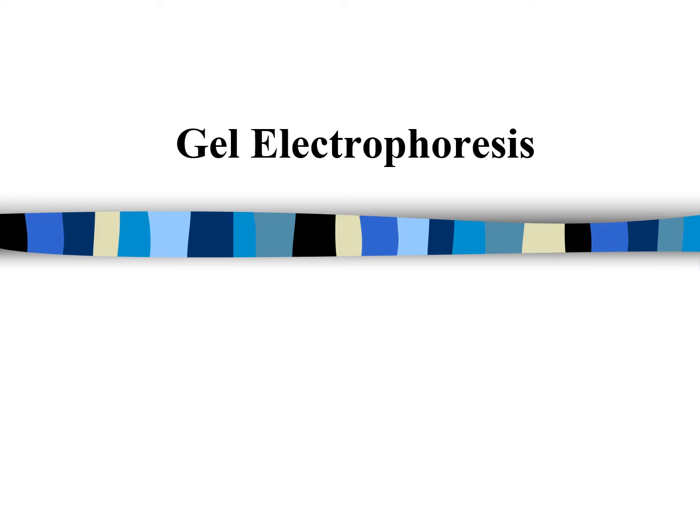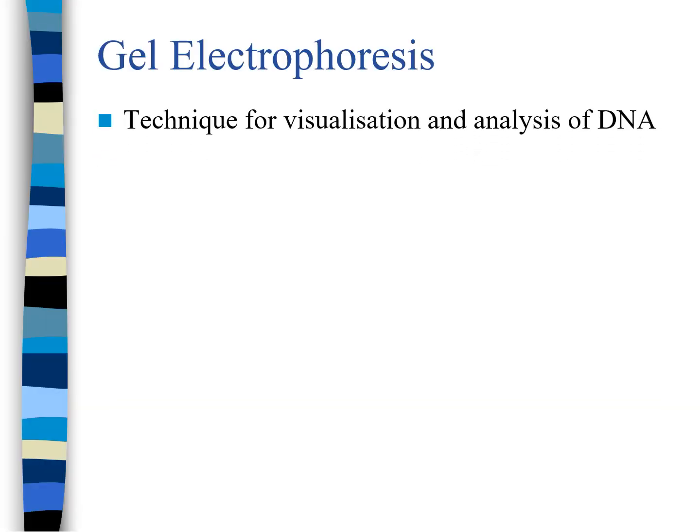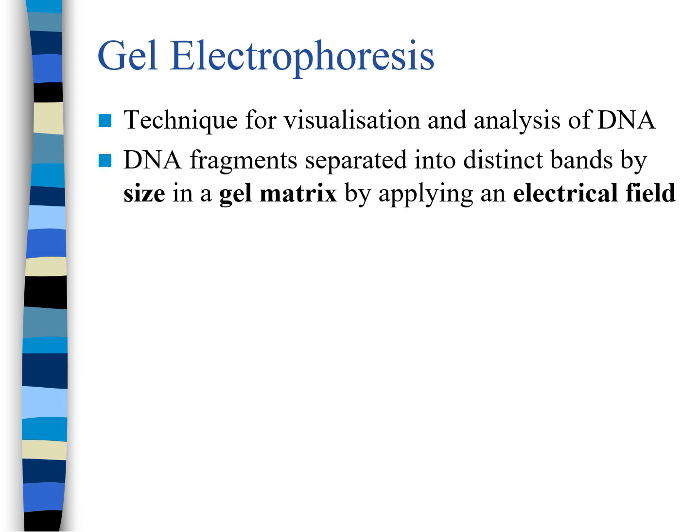So what is gel electrophoresis? Gel electrophoresis is a technique for the visualization and analysis of DNA. It enables us to visualize DNA using UV light in our case. You add the DNA to a gel, and I'll show you guys how this gel looks.